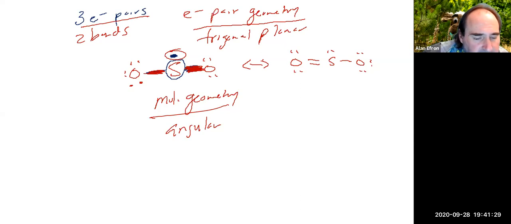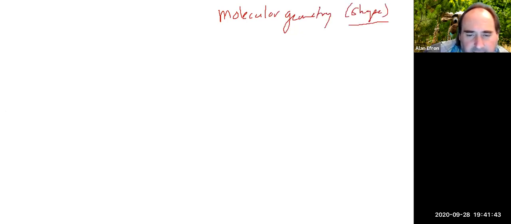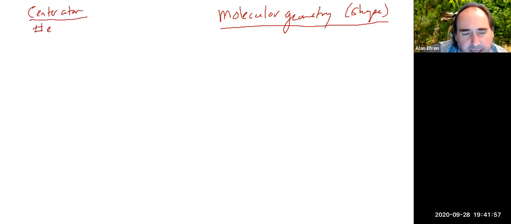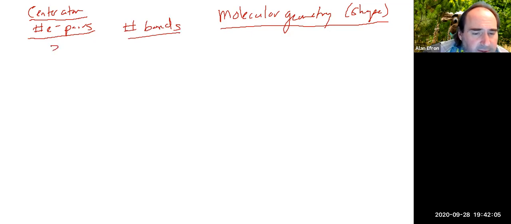So when you're trying to do geometry, and really for lecture we're only going to focus on the molecular geometry, or the shape, what you really want to look at is always the center atom. And what you want to look at is the number of electron pairs, doesn't matter if they're dots or lines, and the number of bonds, which would be just the lines. So something with 2 electron pairs and 2 bonds is linear in terms of its molecular geometry.